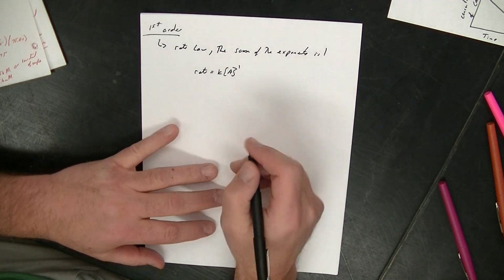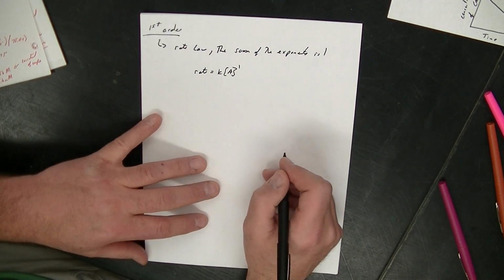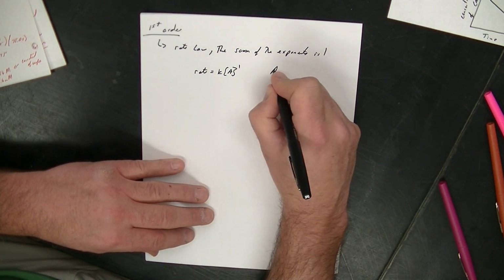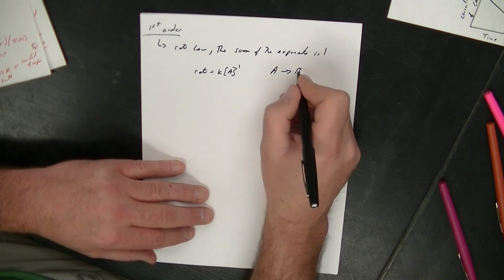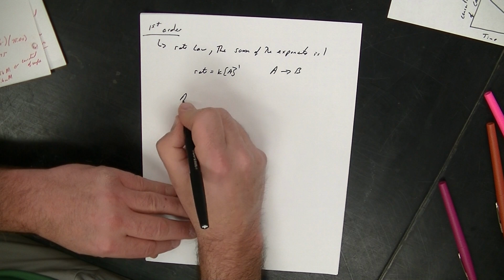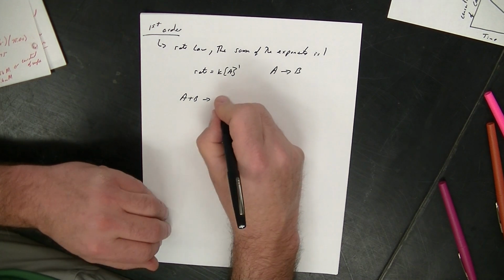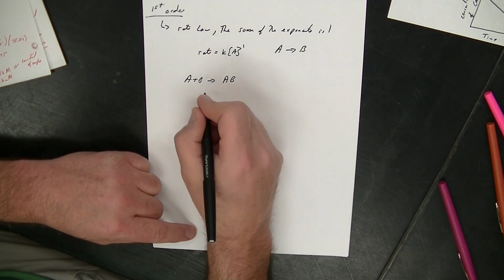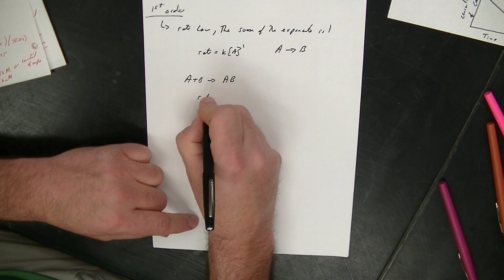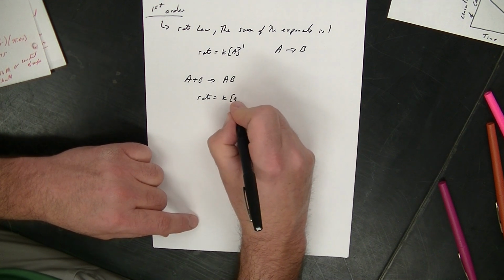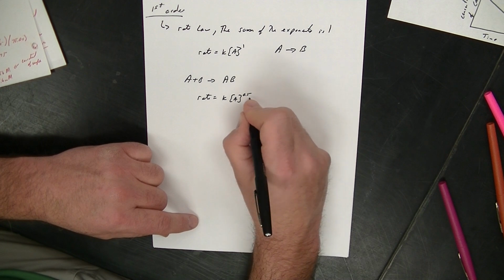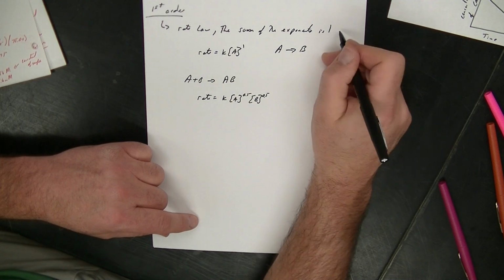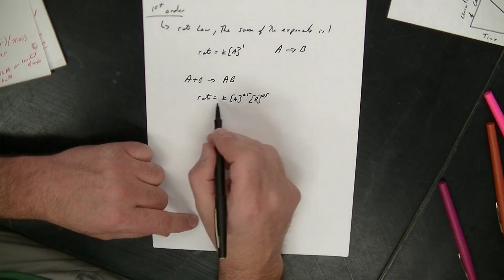So for example, this rate law would just be something like A going to B. But we could have something like A plus B going to AB, and for this to be a first order reaction, we could have rate equals k times the concentration of A to the 0.5 times the concentration of B to the 0.5. This would add up to a first order reaction.